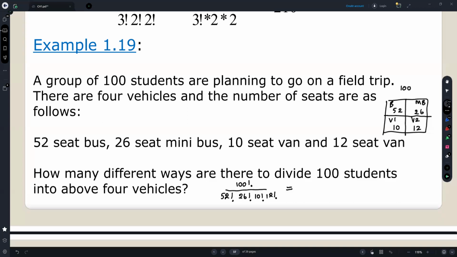It's going to be a huge number. You can use online calculators for that. This is what I got.